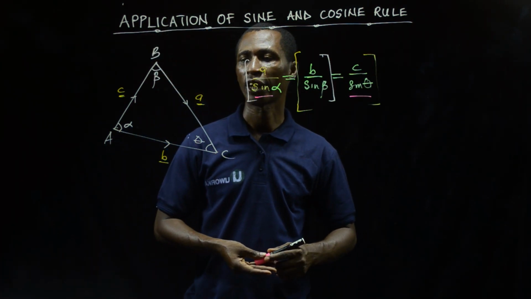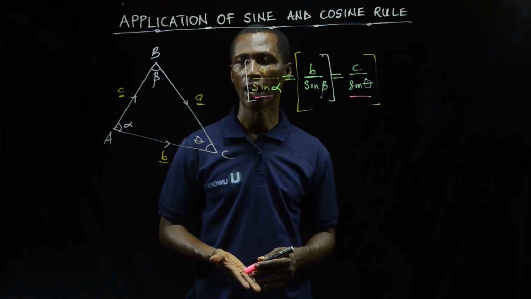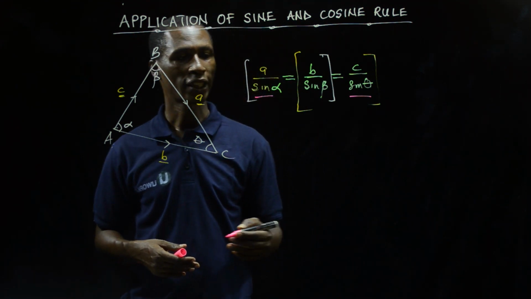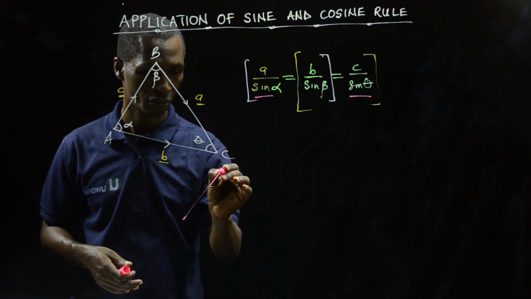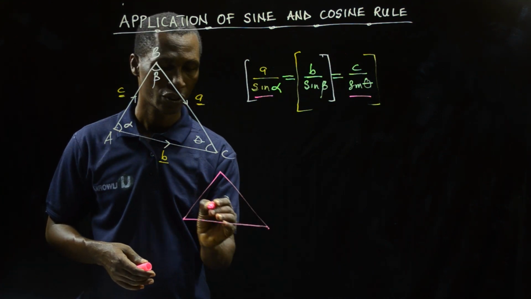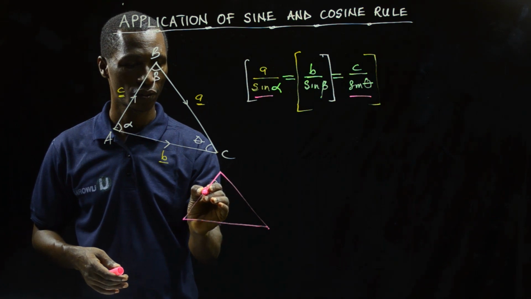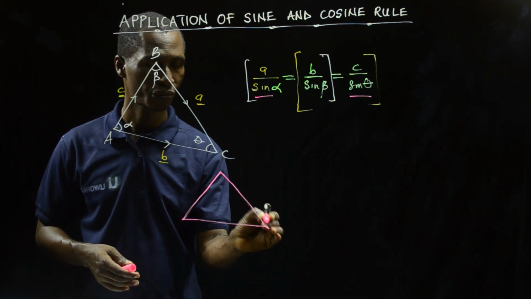Now we also have another way we can solve for this type of triangle. The second part is the same triangle. Okay, so this is also our triangle.